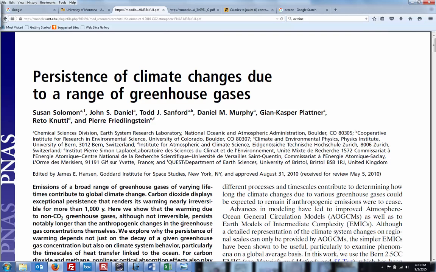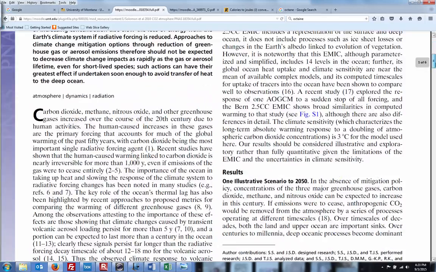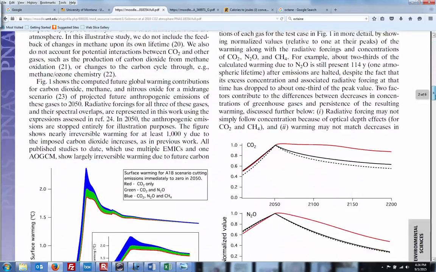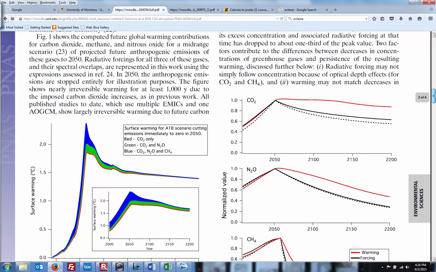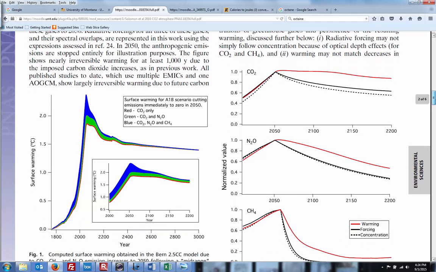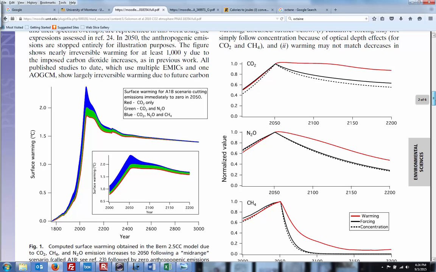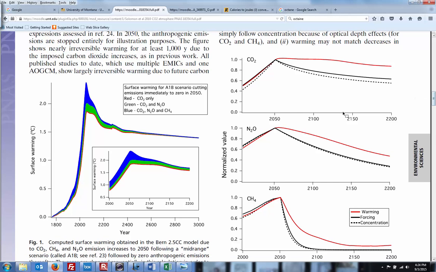It's a little more science-y than some of the other things we do, which are a little more techy. But what this group has done with this paper is make an imaginary fantasy world where all fossil fuel consumption ends in the year 2050.